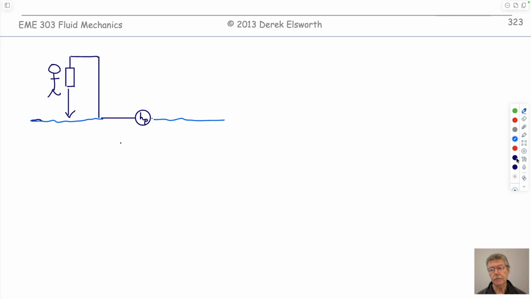And so we're going to go from upstream to downstream. Let this be our point number 1. Let this be our point number 2. This is our pipe. Let's put some parameters on here. What do we think?